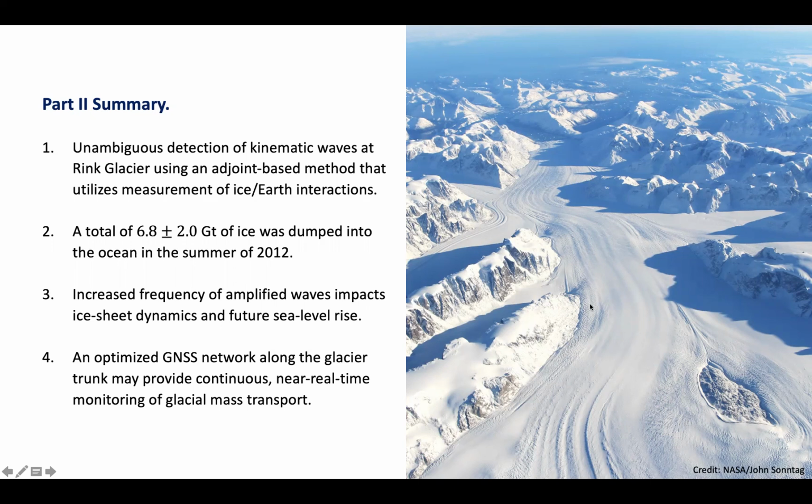If we have this kind of configuration, then we should be in a position to monitor or quantify glacial mass transport continuously and in near real time. And given the high temporal nature of the data set, we should be able to disentangle the discharge of meltwater versus the discharge of solid ice.